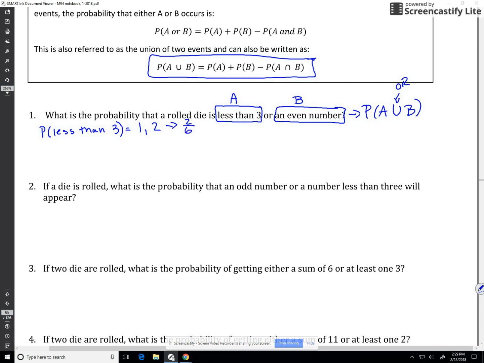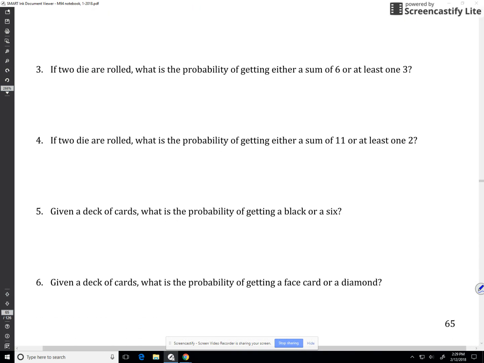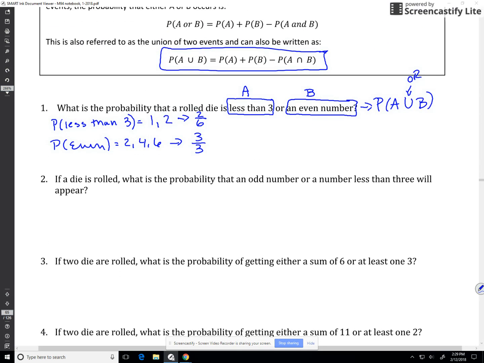And you want to leave them not reduced because you're probably going to have to add these and it's nice to have a common denominator. So the probability of even, well, our even numbers are 2, 4, and 6. So that's a probability of 3/6, because remember, we have 3 outcomes out of 6 total possible outcomes.